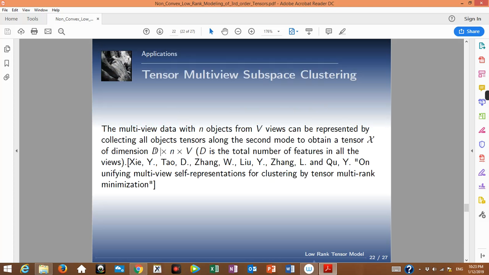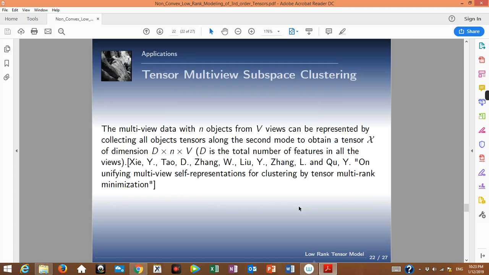D is the number of features, N is the number of objects, V is the number of views. And this kind of tensor multi-view clustering was proposed by Xie, Tao, Zhang, Liu, Zhang, and Qu. In their work, they try to minimize the tensor multi-rank.